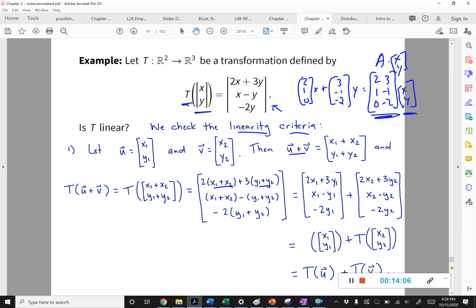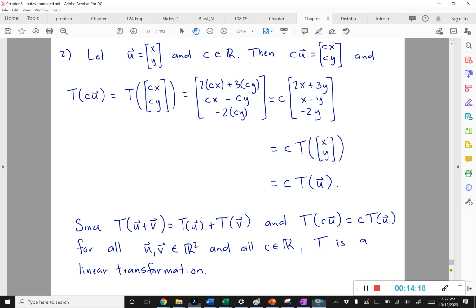You factor it out to the sums, and it simplifies to this, which is the same as T of u plus T of v. That's for the first part.